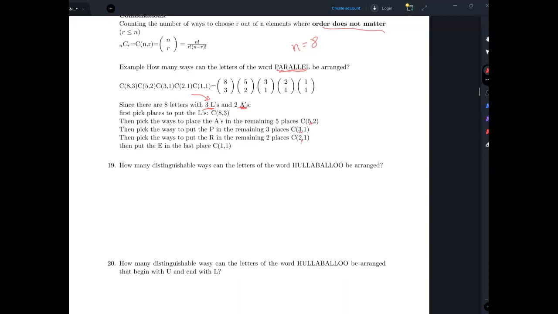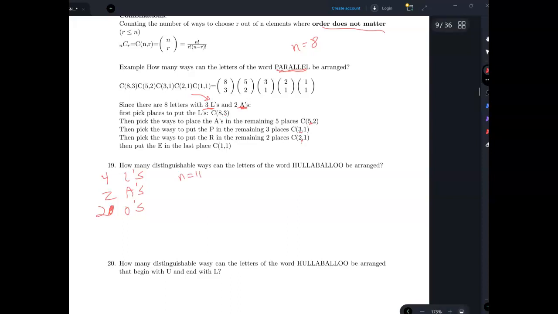So let's remind ourselves of what we have. I have 4 L's, 2 A's, and 2 O's. So N equals 11.